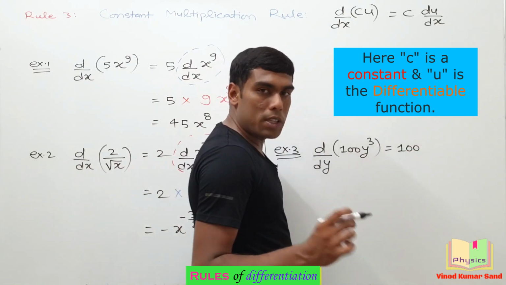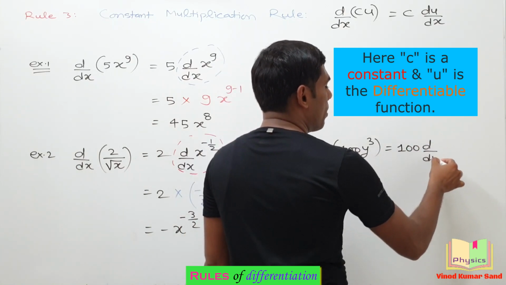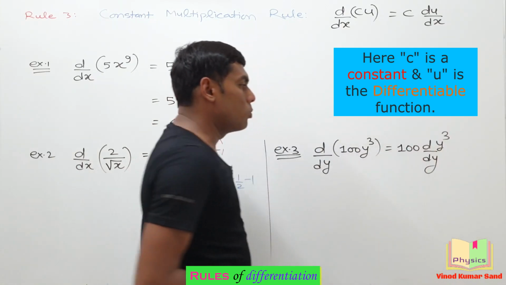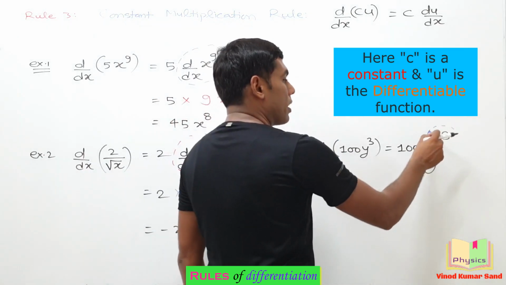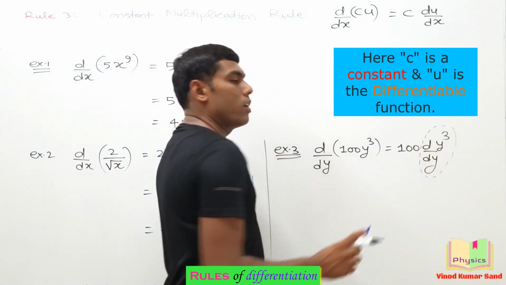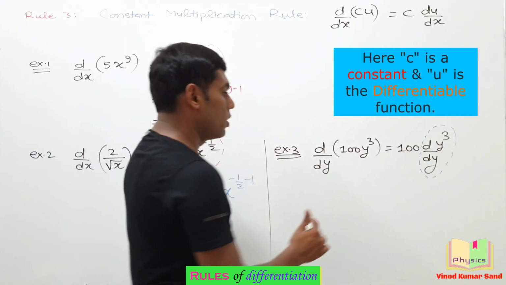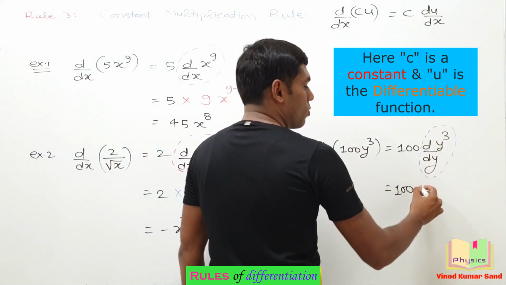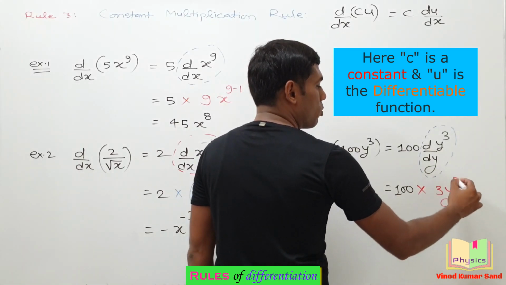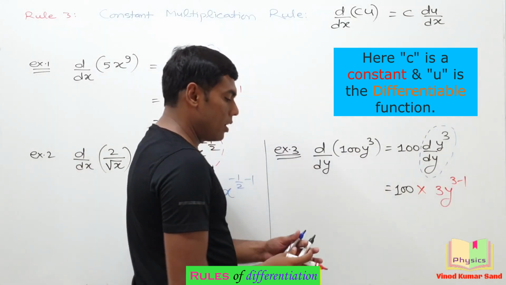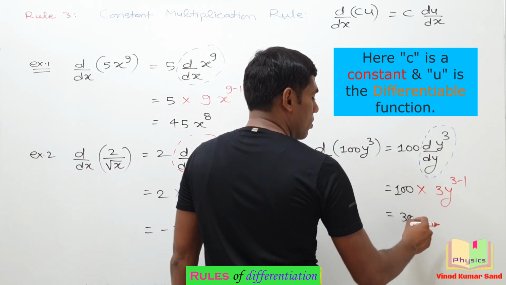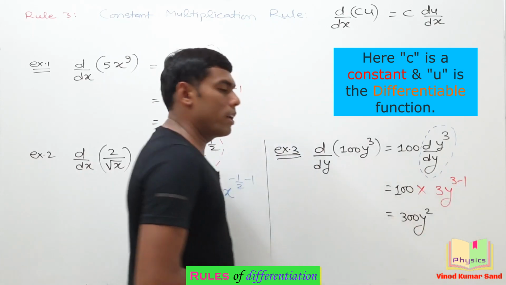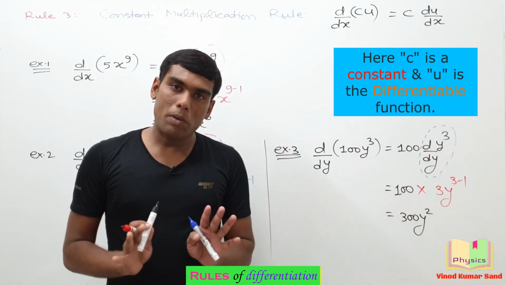It will be taken outside, and then you need to operate d by dy of y cube. Now this term can be operated using rule number 2. So simplifying it here, 100 and operating this will give you 3 y to the power 3 minus 1. So your final answer is 300 y square. I hope you get my point.